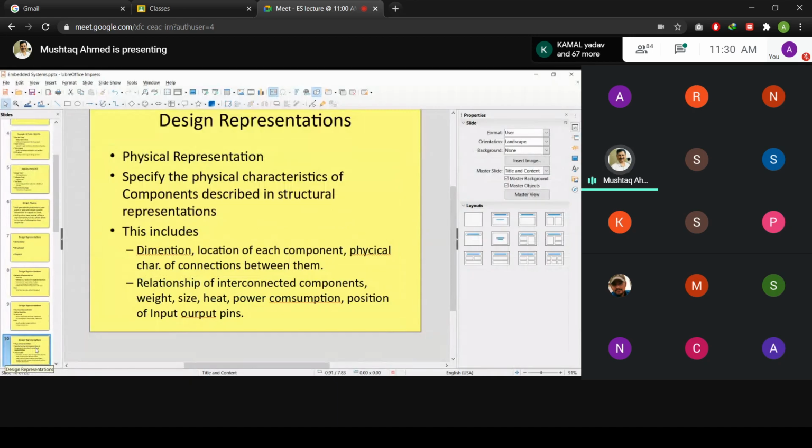And the third part of this design representation requires the physical representation, where the architectural level and the physical implementation of the device, we need to know which type of components we are using, उसकी size क्या है, उसकी power consumption, or all sorts of characteristics pertaining to that very device have to be taken into account while deciding that this type of device would be suitable to meet the requirement.